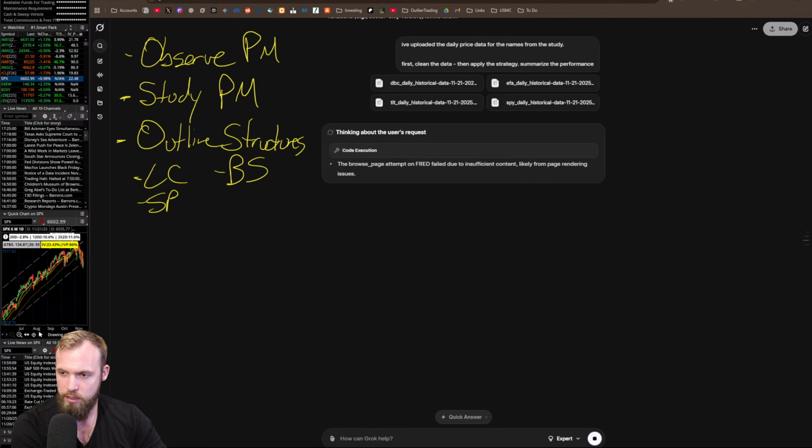So read the attached paper, create a trading strategy from it, apply the strategy to the attached tickers, price data, and summarize the performance. So we'll let that simmer. I have no idea why this thing is going to FRED. We'll just let it live its best life. You don't want to interrupt Big Daddy Elon with whatever he's doing. Just let him live his best life.